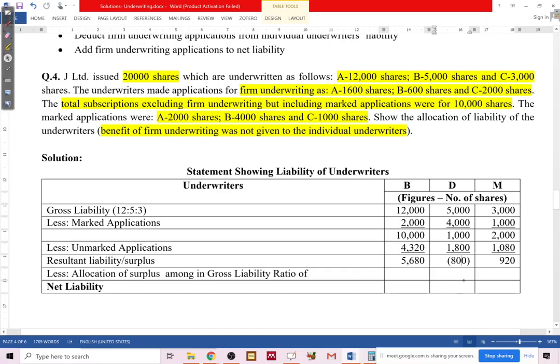Now let's see what to do with that surplus. I told you, whichever person has the surplus, take it and distribute it amongst the other two people. Okay? So who are the other two people? Allocation of whose surplus, you write that first, D's surplus.